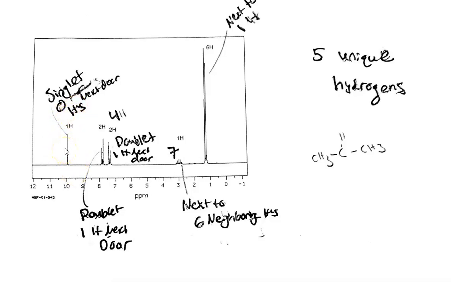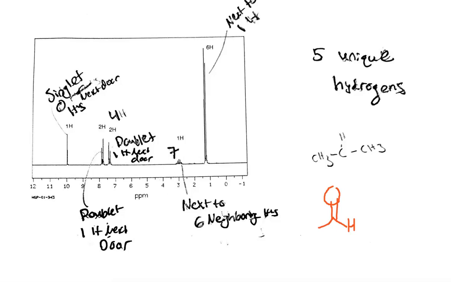The multiplicity is 1, meaning it's a singlet, and there's no next-door hydrogens. This makes sense for the aldehyde, because the aldehyde is going to be on its own here, outside of the ring. So this correlates to that.